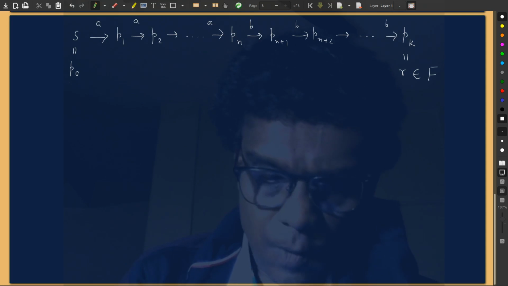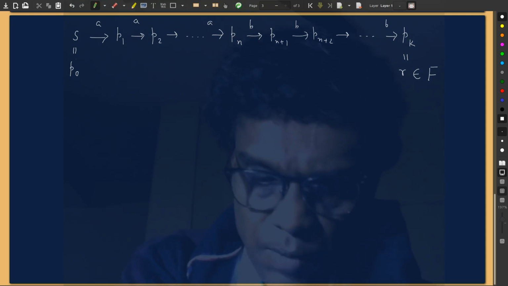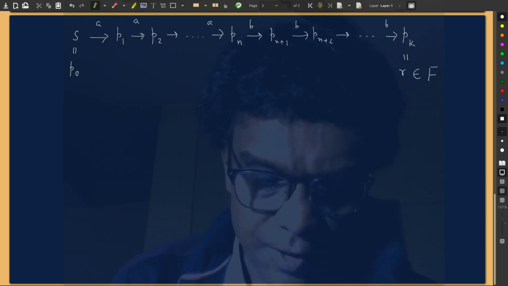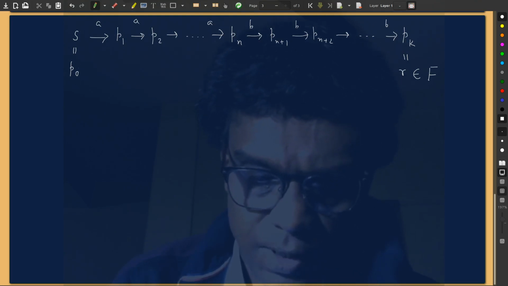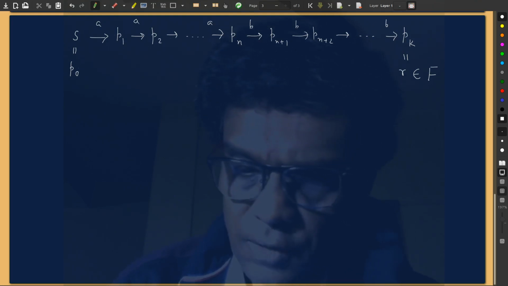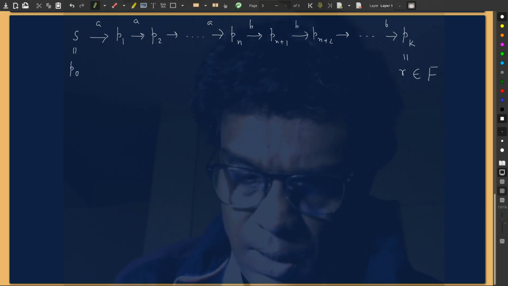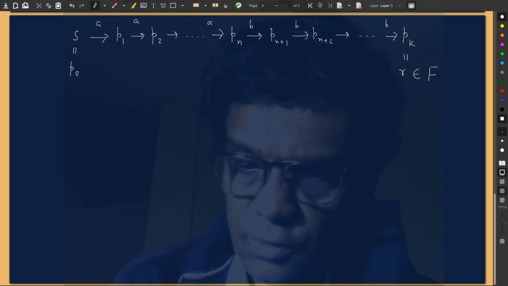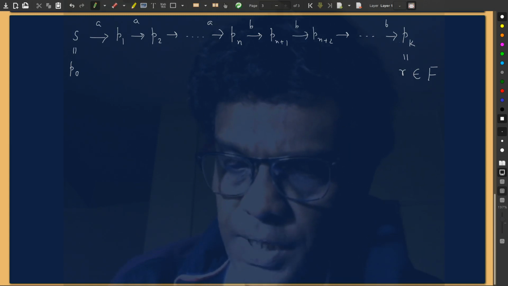So let us see how many states are here. There are k symbols. The first one lets it move from P0 to P1. The second one lets it move from P1 to P2, and so on. Eventually, the kth one will let it move from Pk minus 1 to Pk.